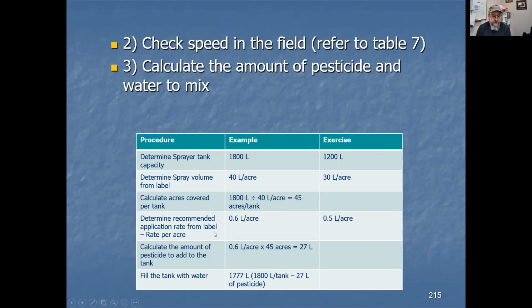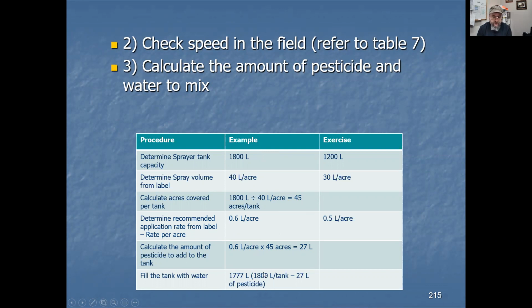The recommended application rate from the label says you need to apply 0.6 liters an acre. We know a tank will do 45 acres, so 0.6 times 45 is 27 liters. So in your 1,800 liter tank of water, you're going to have 27 liters of chemical.